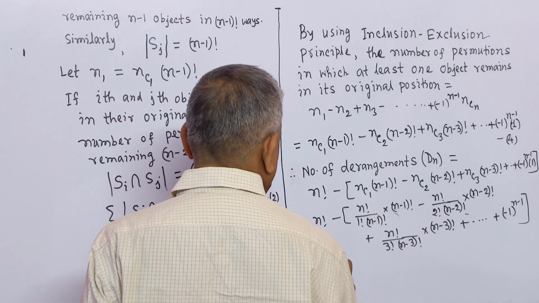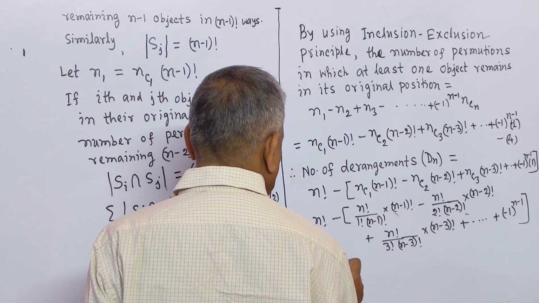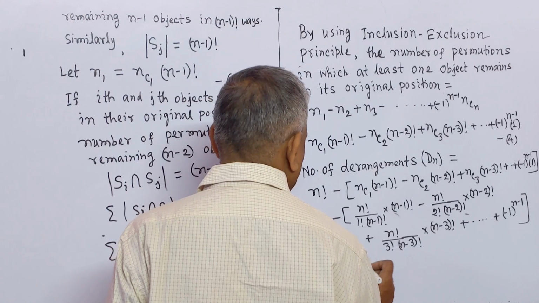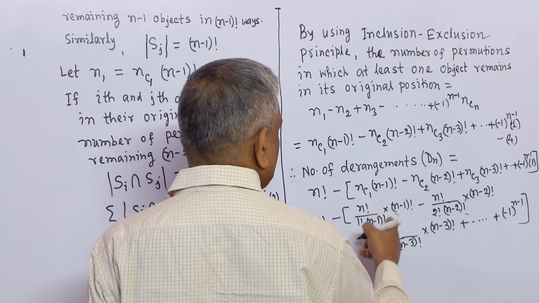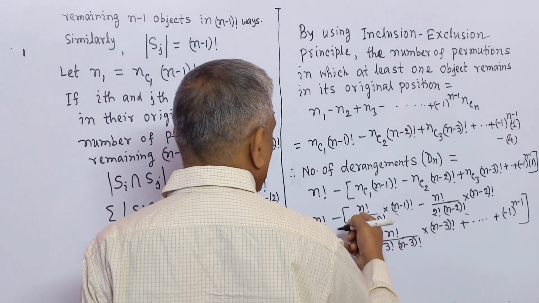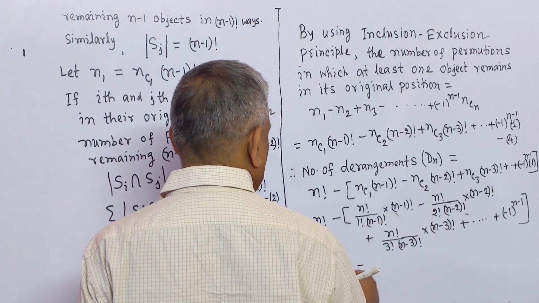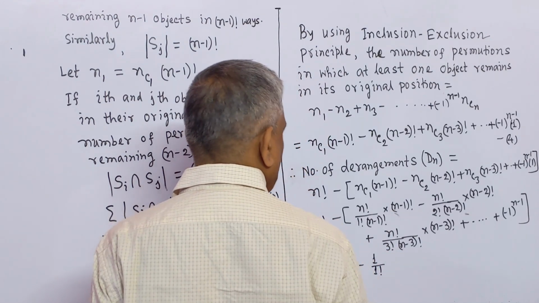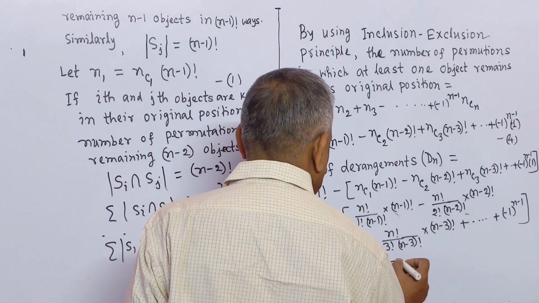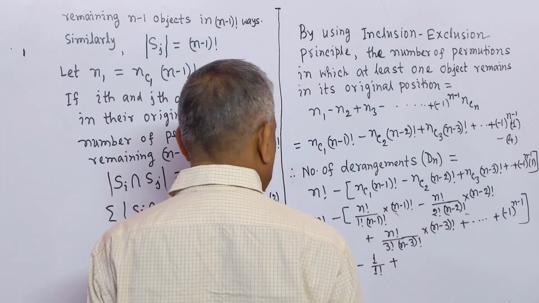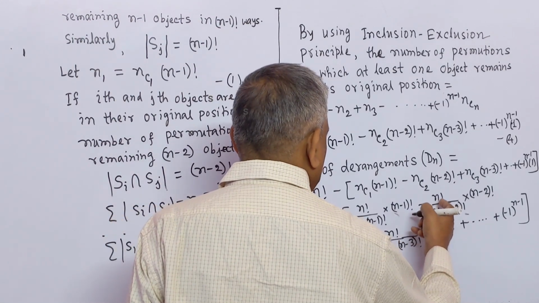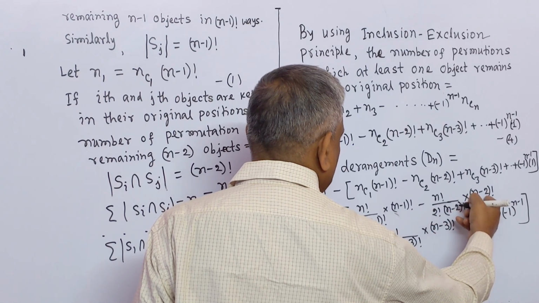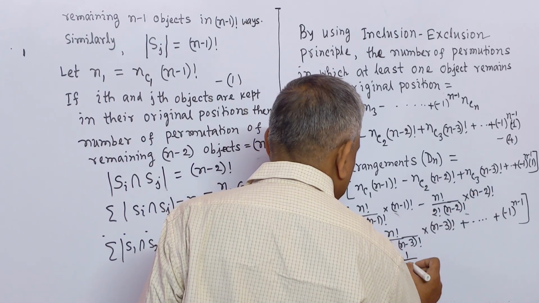This equals n!, which we take common. Here 1 remains. Then (n-1)! and (n-1)! cancel, and since we have taken n! common, 1/1! remains. Here the signs alternate. Again, (n-2)! and (n-2)! cancel, and only 1/2! remains.